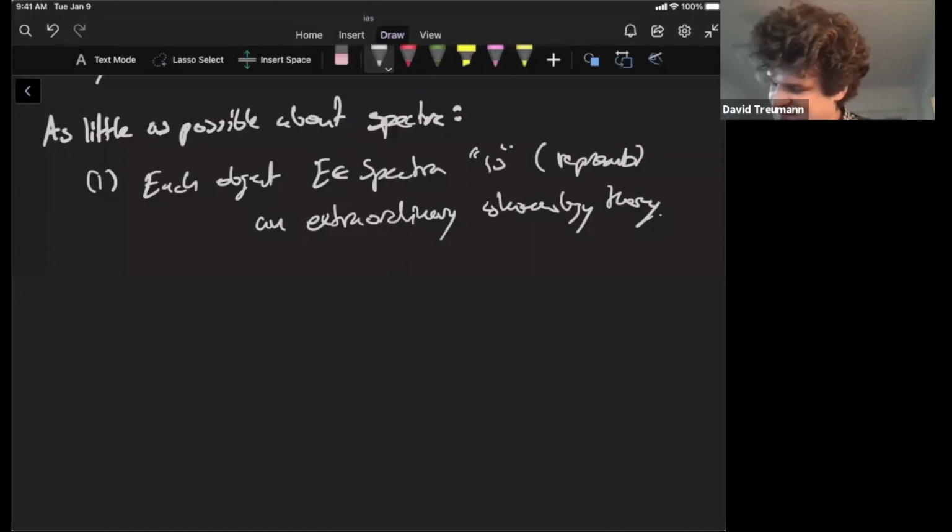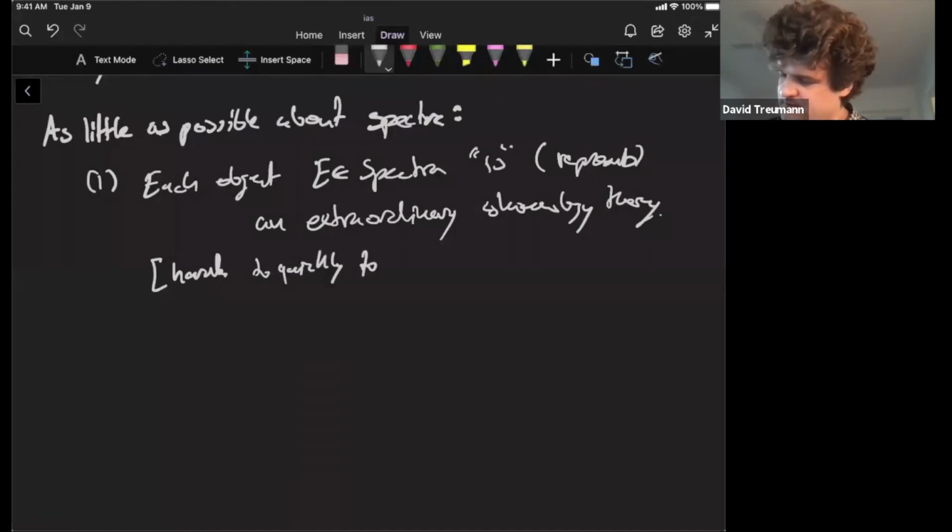There are some famous axioms for an extraordinary cohomology theory. They're 70 years old. You can guess, looking at that definition, if you know it, what a morphism between cohomology theories is. It's much harder to quickly tell what a morphism of spectra is.